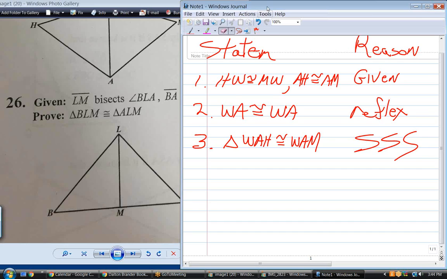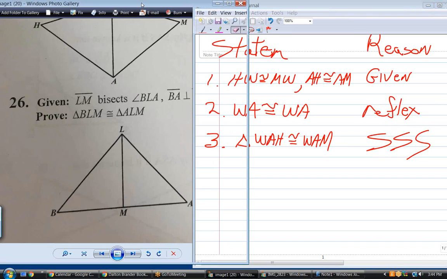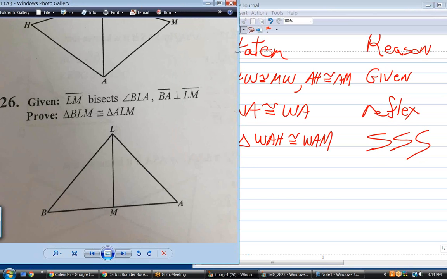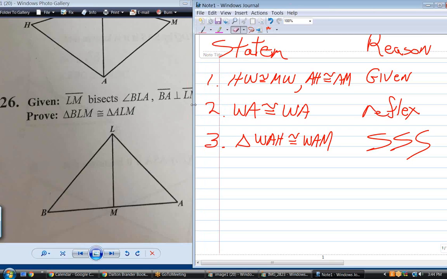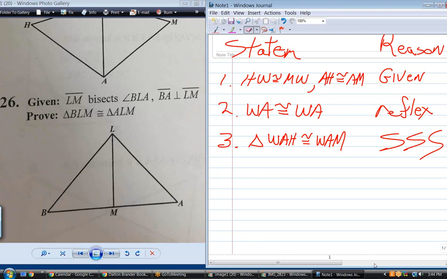And this one, hold on, I need a little more room. Okay. I know you know what goes in line 1, so that's the given.